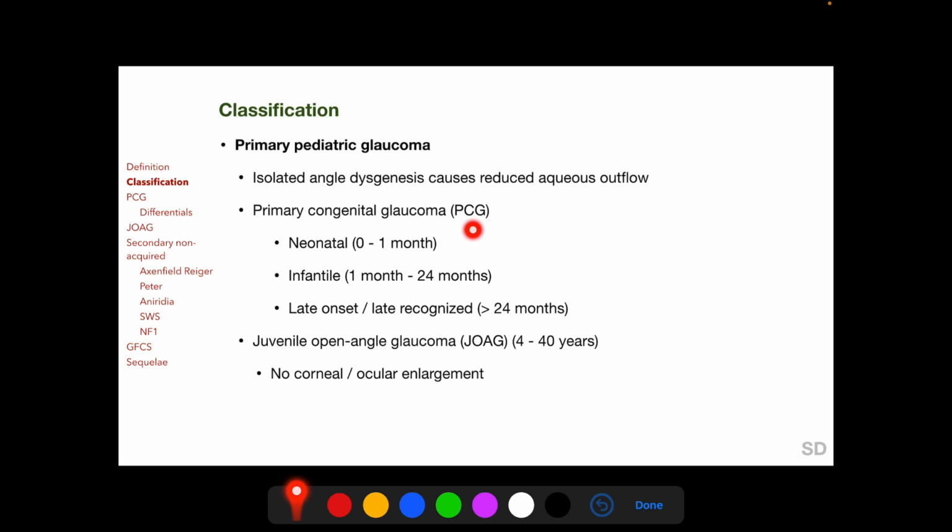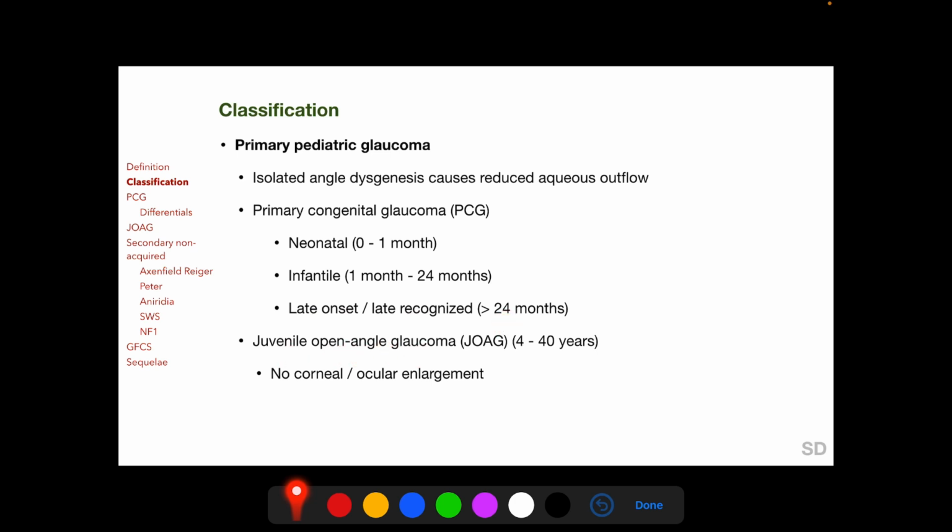Primary congenital glaucoma is further subclassified into a neonatal form which presents between 0 and 1 month of age, an infantile form which presents after 1 month of age but within the first 2 years, and a late onset or late recognized form which presents after 24 months of age.